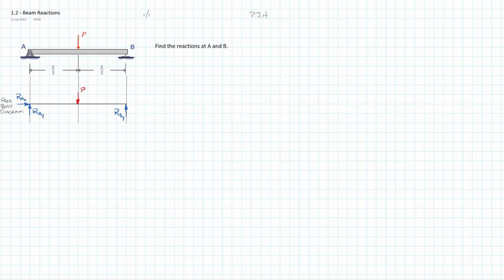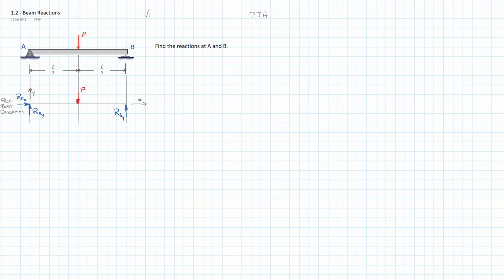And the other thing that we should do if we're being complete is indicate our necessary axes, X, sometimes a Y, sometimes a Z, depending on what the problem is. So I will just indicate X and Y directions in this case. And with the dimensions implied from above, that really completes our free body diagram.